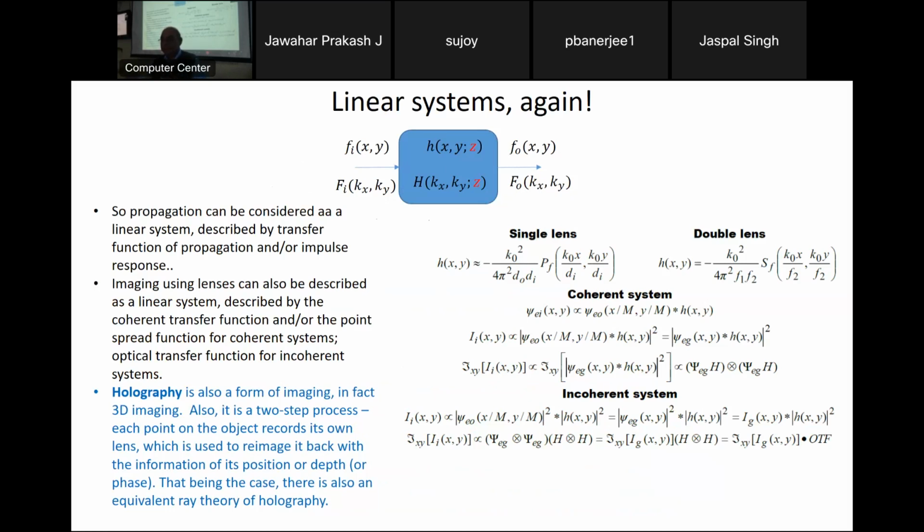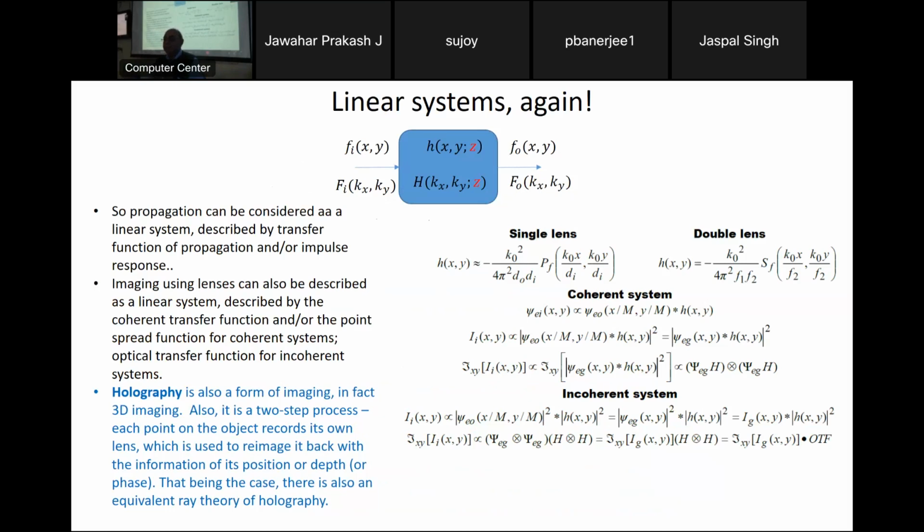A single lens system is a system where you have just one lens, you have an object with an object distance, and you have an image distance, right? So if you consider that to be a system, then you can just consider going from the object plane of the imaging system directly to the image plane of that imaging system. That's also a linear system.